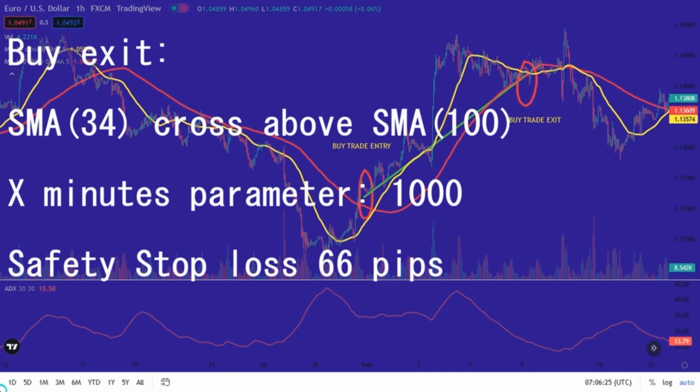And how can you close the trade before the 1000 minutes? Only with the stop loss. If the trade is going against you, your stop loss, that will be 66 pips, will close it for you.